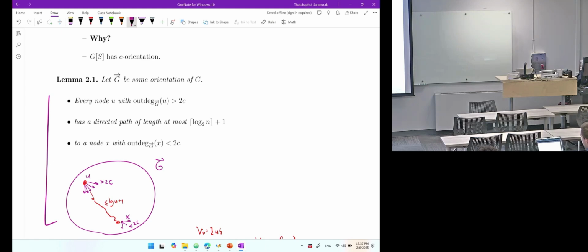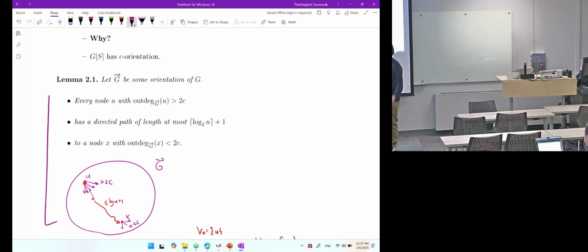What's the change of out degree on the nodes in between? 0. It's the same. But the out degree of the bad node now decreased by 1. The out degree of the good node increased by 1.